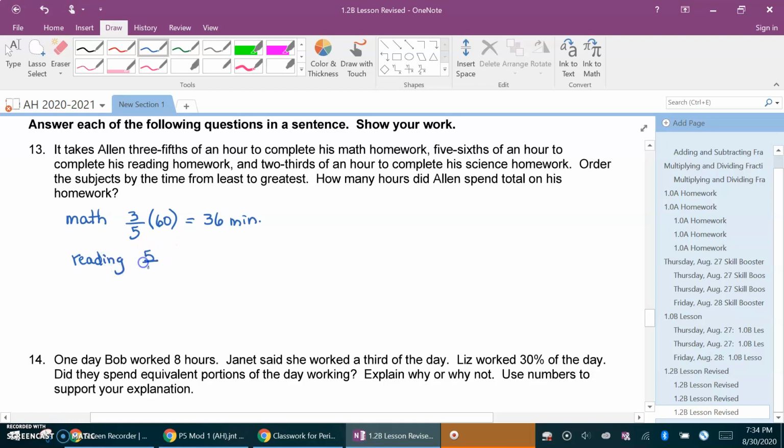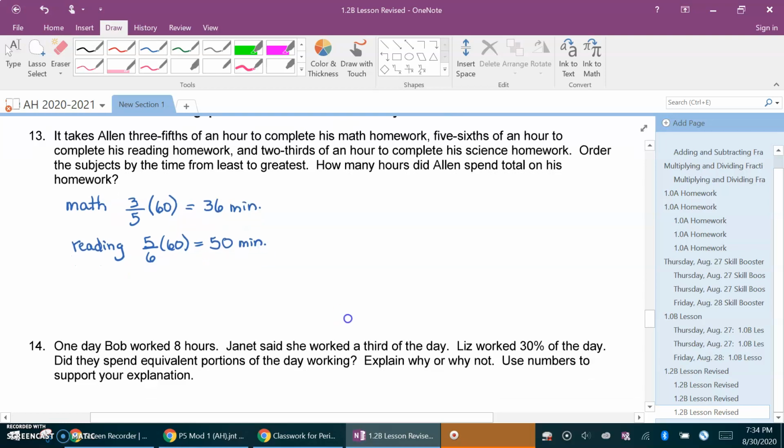So we have 5/6 times 60, which will give us 50 minutes. So then it says 2/3 of an hour doing the science homework. So if we look at that, we're looking at 40 minutes.